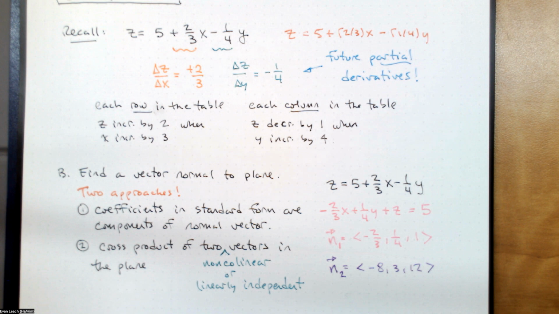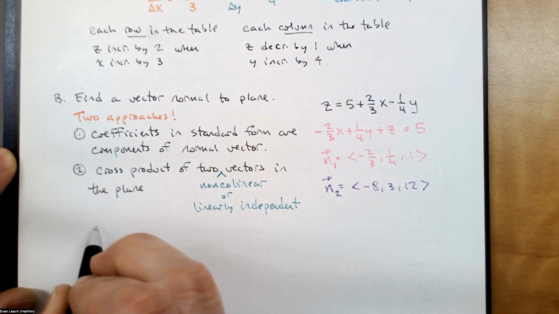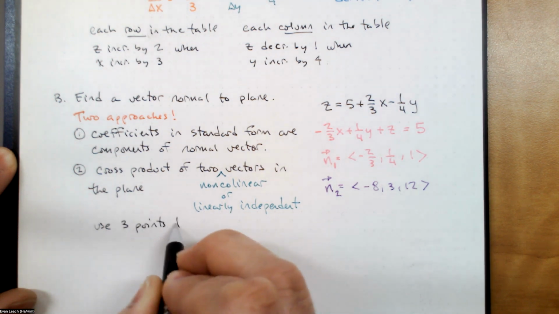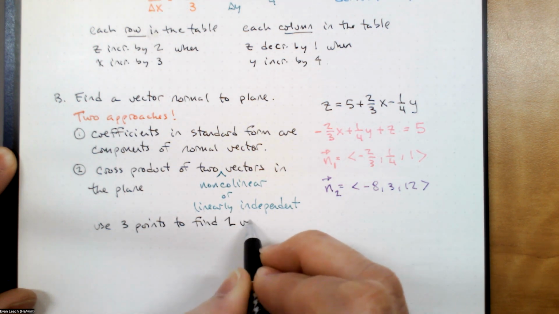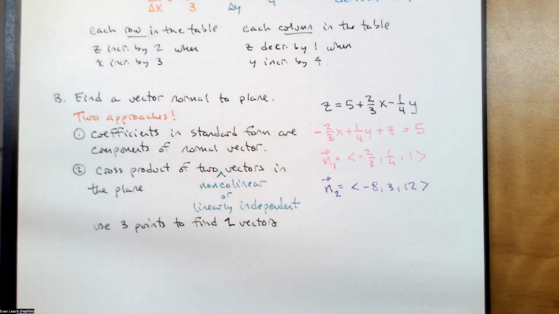The issue that we have here is that what we have is a collection of points. And so grab 3 points and turn them into vectors. So you can use 3 points to find two vectors.